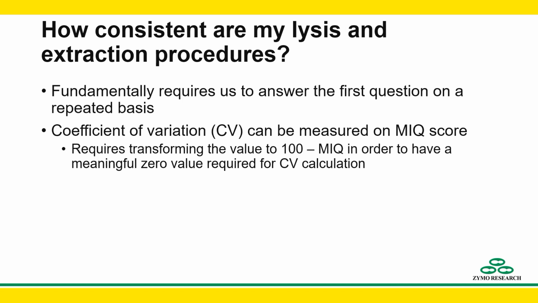This gives us a very easy way of doing a quick transformation by just taking 100 minus the MicScore. And when we take 100 minus the MicScore, that gives us a meaningful 0. So just applying that simple transformation gives us values that are useful in calculating a coefficient of variation. And lower coefficient of variation typically means more consistent performance and much less error overall.